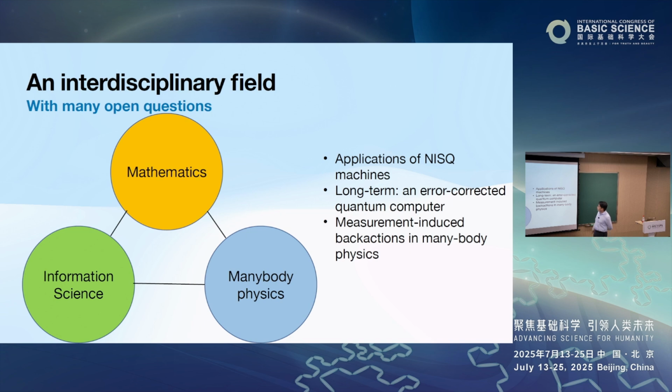And then I want to mention measurement-induced backaction, as I alluded to early on, in the context of many-body physics. It's very interesting because if one looks at the quantum trajectories that the many-body system has gone through, there can be entangling and disentangling, phase transitions, and many interesting phenomena.